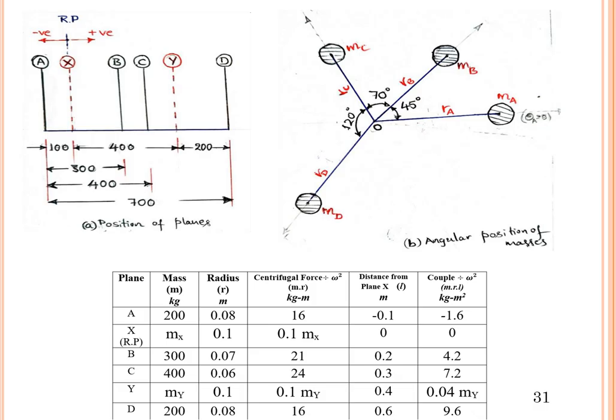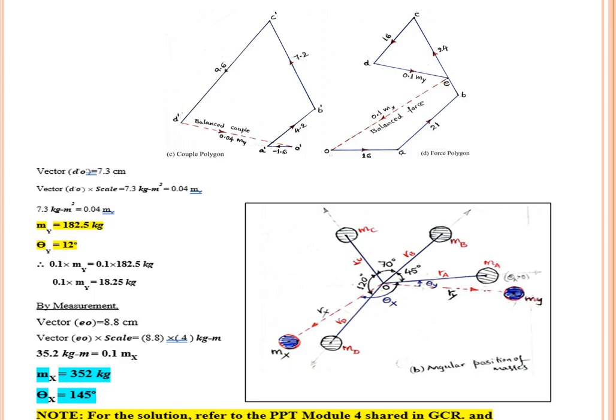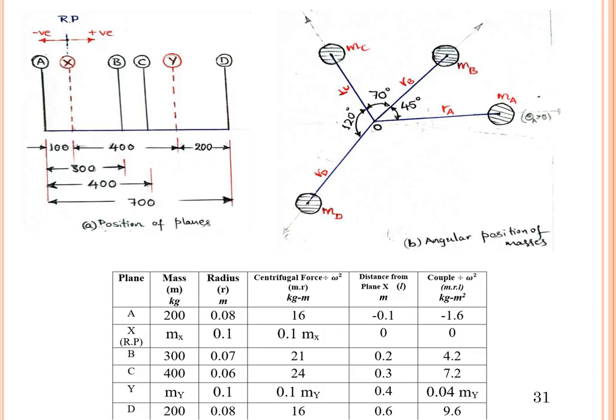So here you are supposed to find out the balancing mass in the X plane and its orientation. So construct the tabular column after the space diagram. Here mx is unknown and the radius is given, my is also unknown and the radius is given. So construct the centrifugal force, measure the distance from the reference plane and calculate the couple.